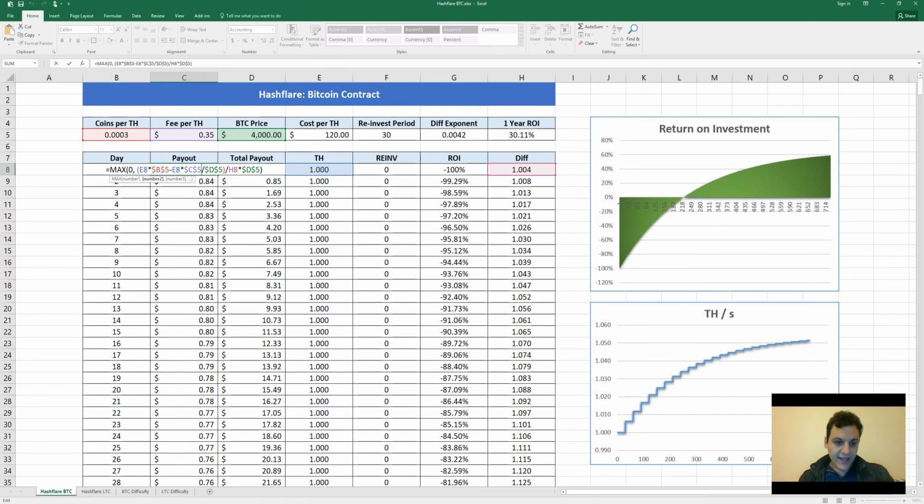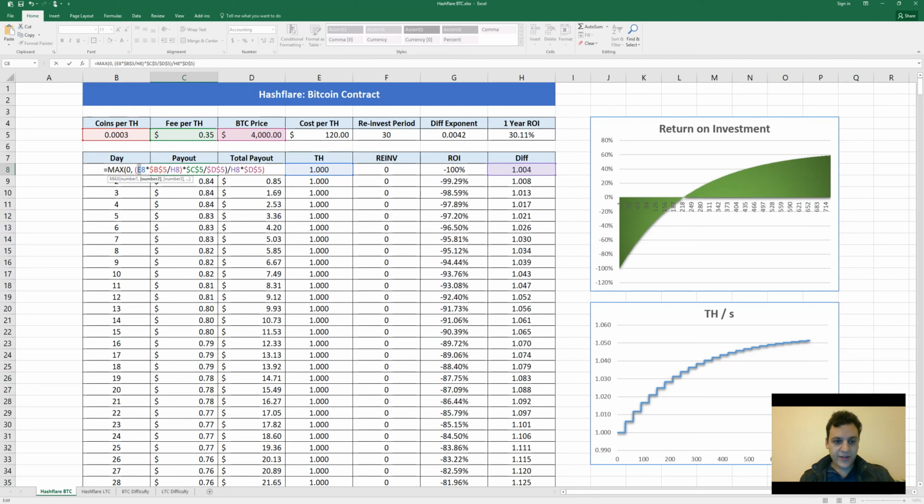So let's fix that now. So the revenue that I get is E8 times the number of coins. Then I have to divide that by the difficulty. That's correct. Now this one, I can do this. So that gives me the coins.